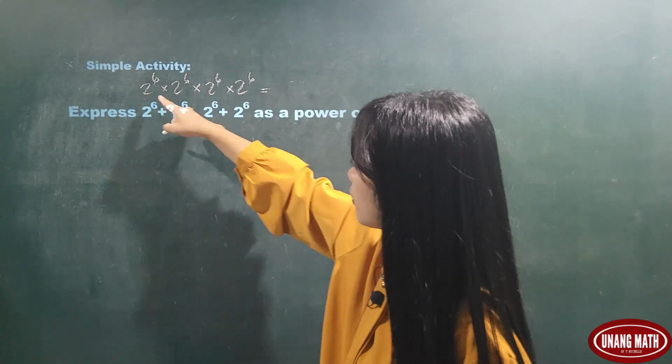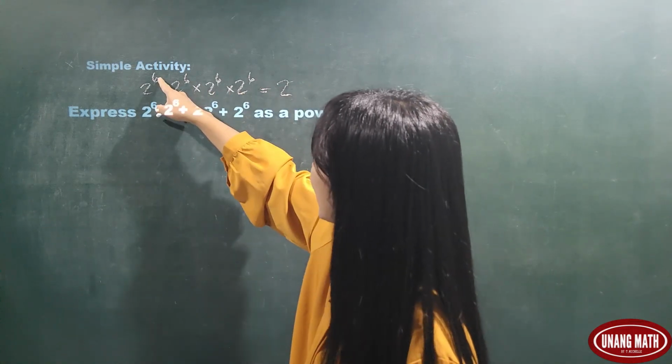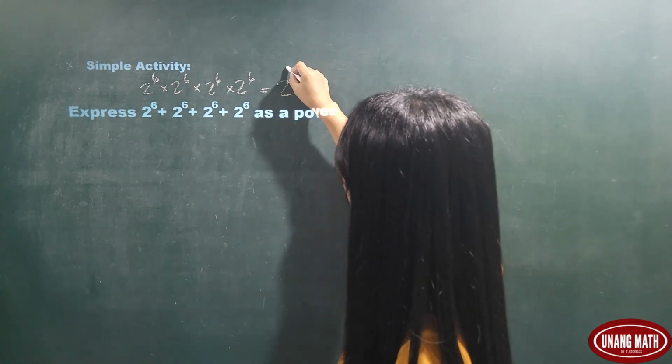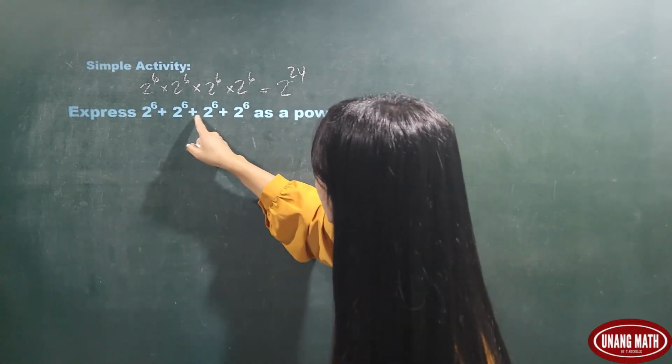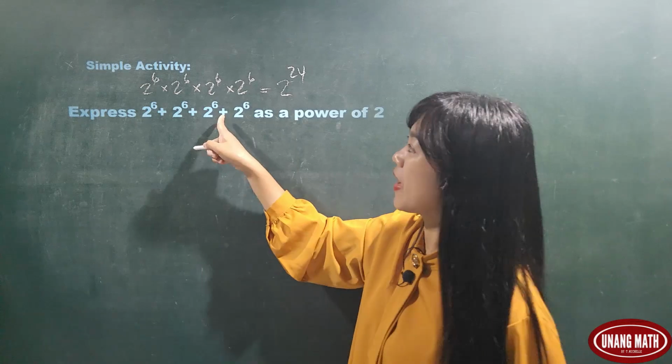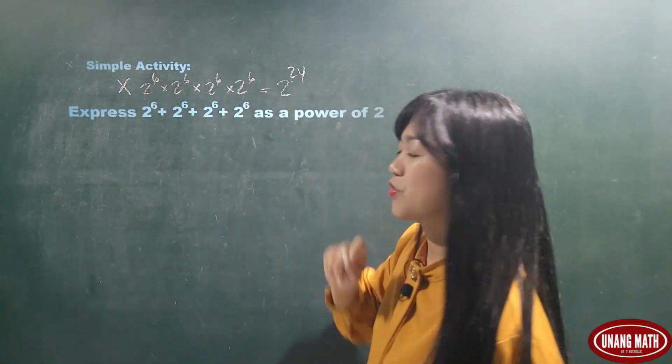If the operation is multiplication, then we will just copy the base 2, then add the exponents. So the exponent is 24. But take note, our operation is addition. So that means this one is not equal to this one.